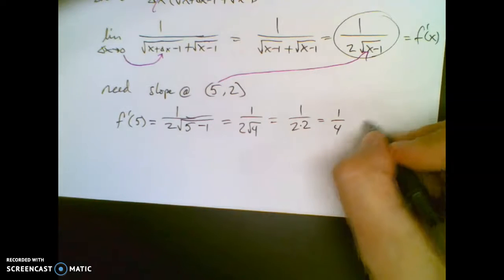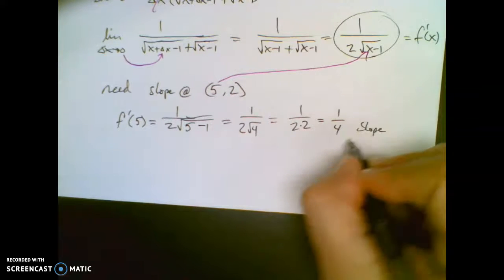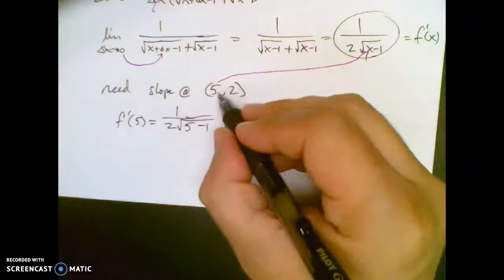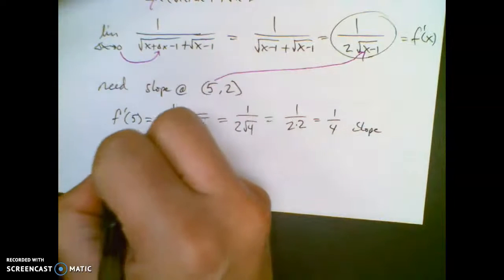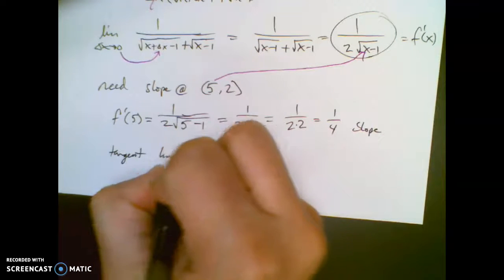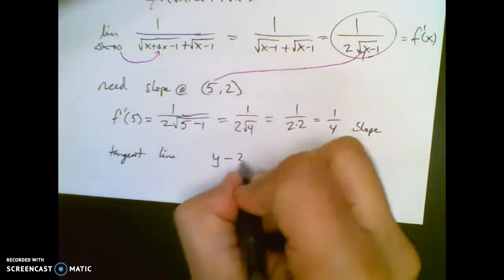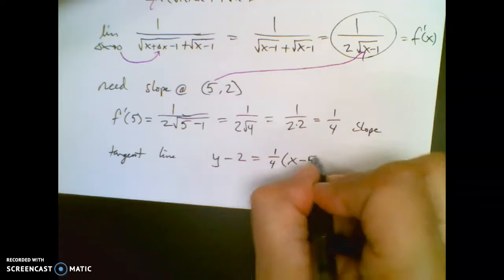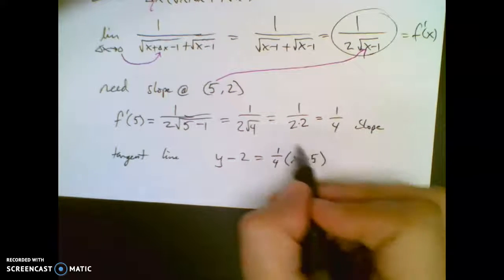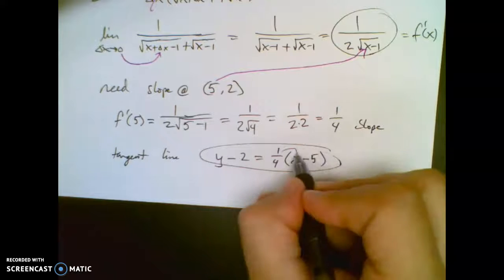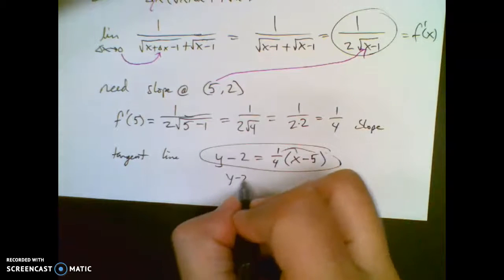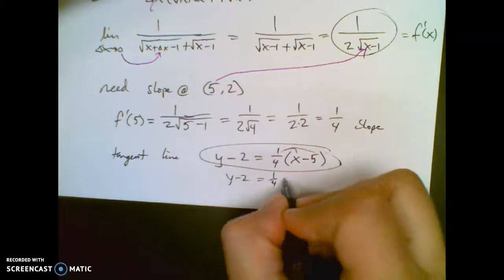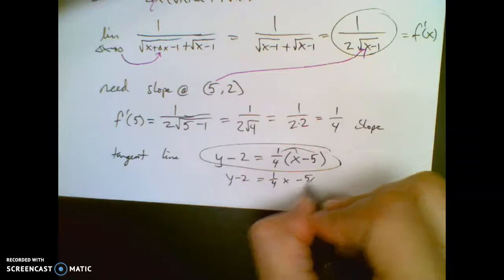So I have a slope of 1/4 and a point of 5, 2. So I can write the tangent line. It's y minus the y part equals m times x minus the x part. Now technically that's an answer. If you wanted to change it into slope-intercept form, I don't think it asked me to, but I can.